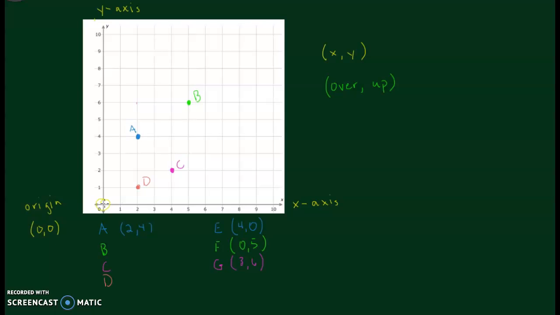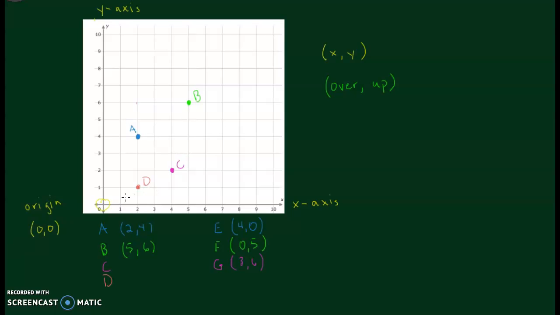For B, we're going to start at the origin, and we're going to go over to 5. So for X, we have 5. For Y, we're going to have 6. So the coordinates of point B are 5, 6.